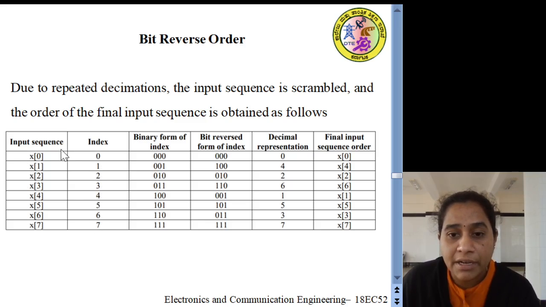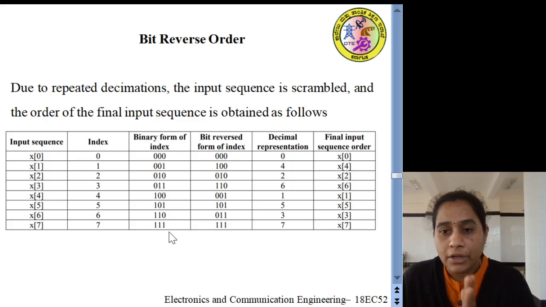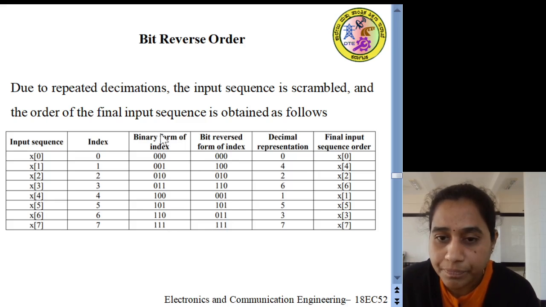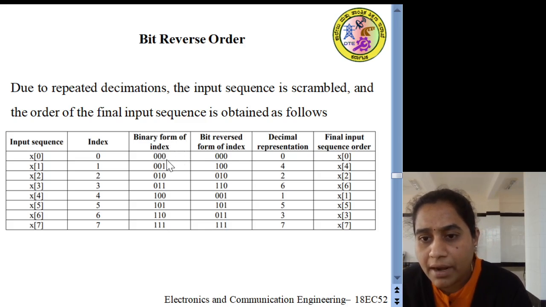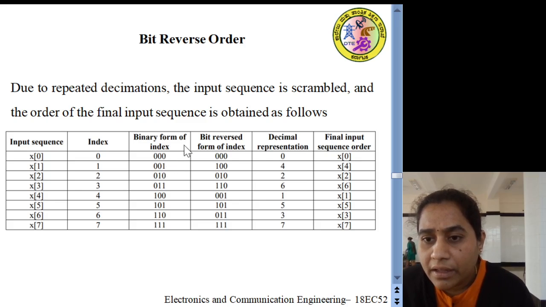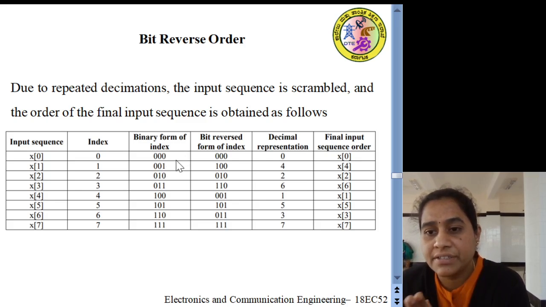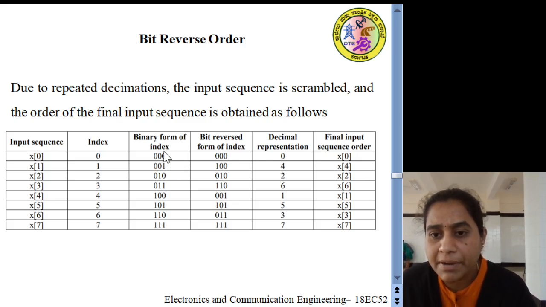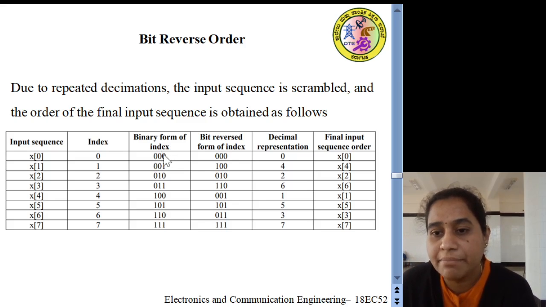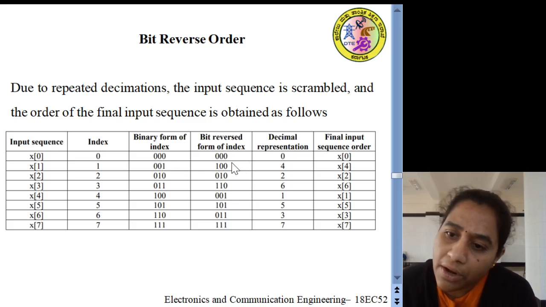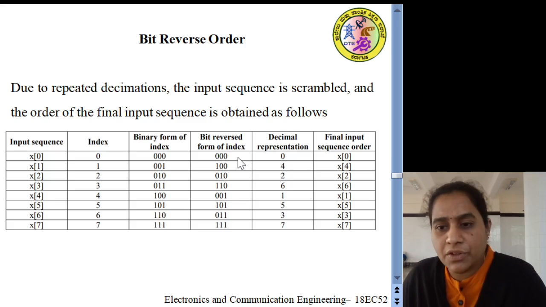If we represent this input sequence, which is in normal order, in binary form, we obtain 000, 001, 010, 011 up to 111. Now, if we reverse the bits, reversing the bits means we are making the MSB the LSB and the LSB the MSB. So 000, if we reverse, we also get the same 000.